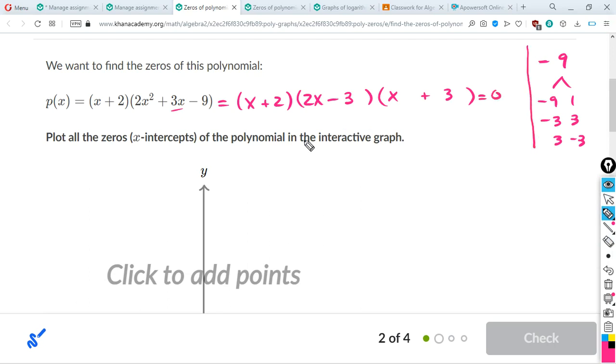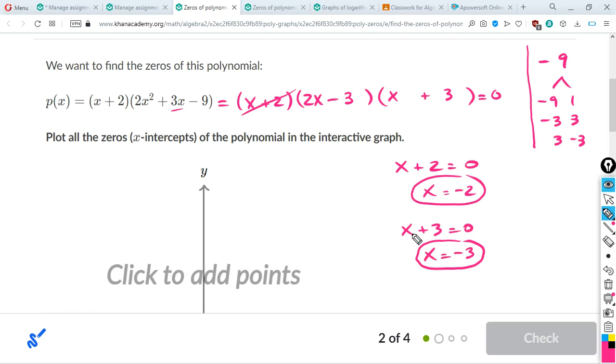If x plus 2 equals 0, x has to be negative 2. If x plus 3 equals 0, x would have to be negative 3. Right? Because negative 3 plus 3 is 0.